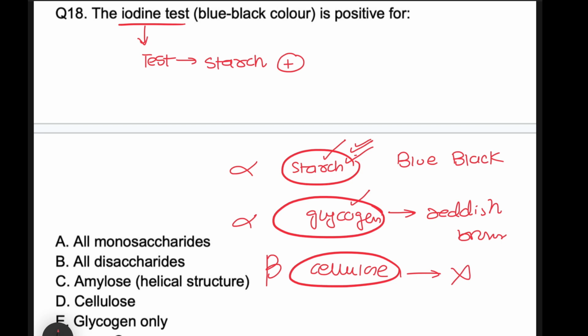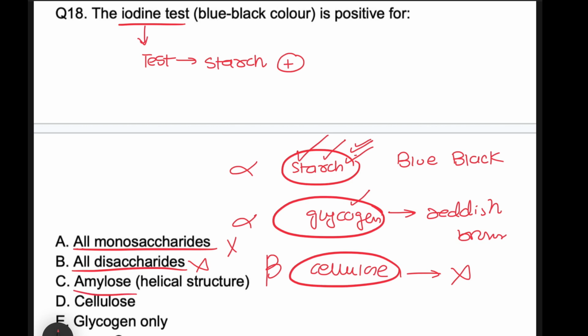So here the right answer would be... do all monosaccharides give a positive iodine test? No, because the iodine test is mainly for detecting starch. All disaccharides? No. Only starch gives a positive test for iodine.